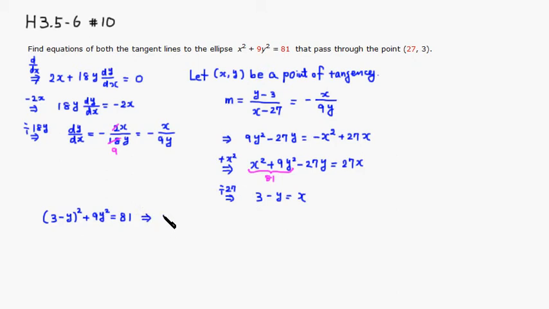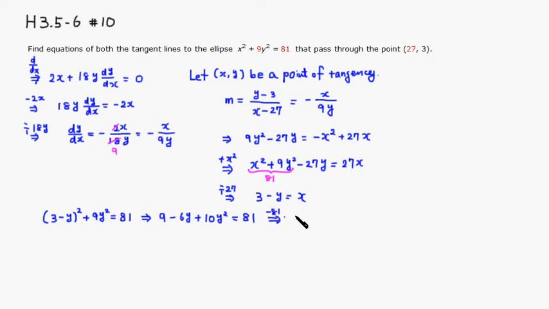Multiply out: 9 minus 6y plus y squared, and there's another 9y squared, so we can write 10y squared, equals 81.